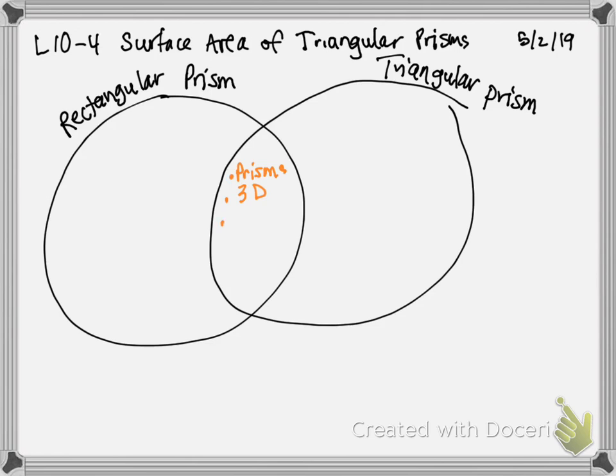But probably the most significant one is all the sides are rectangles. So rectangle sides. So when we do surface area, we're going to be calculating area of rectangles no matter what the base shape looks like. Okay? So let's talk about rectangular prism.